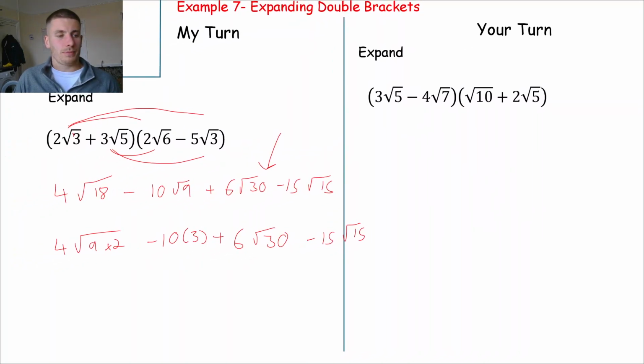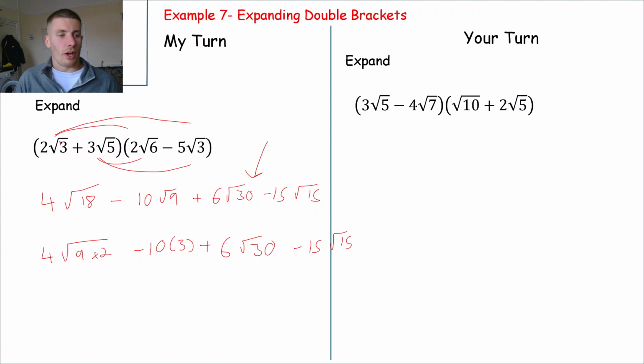Okay, good. So over here, we've got 4 root 9 times 2, well, root 9 is just equal to 3. So 4 times 3, then we've got that root 2 still there, which we just write as root 2. This just means we're doing 4 times 3 times root 2.